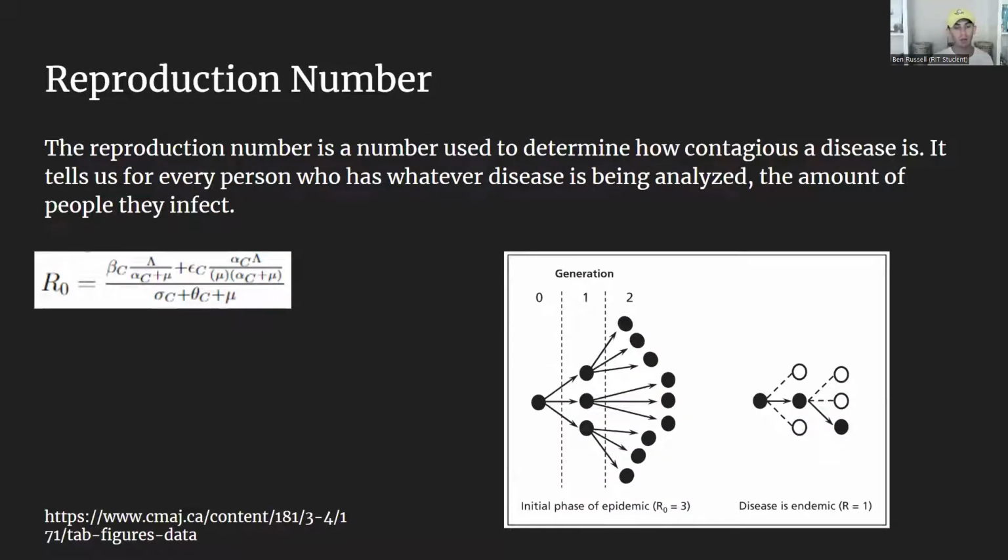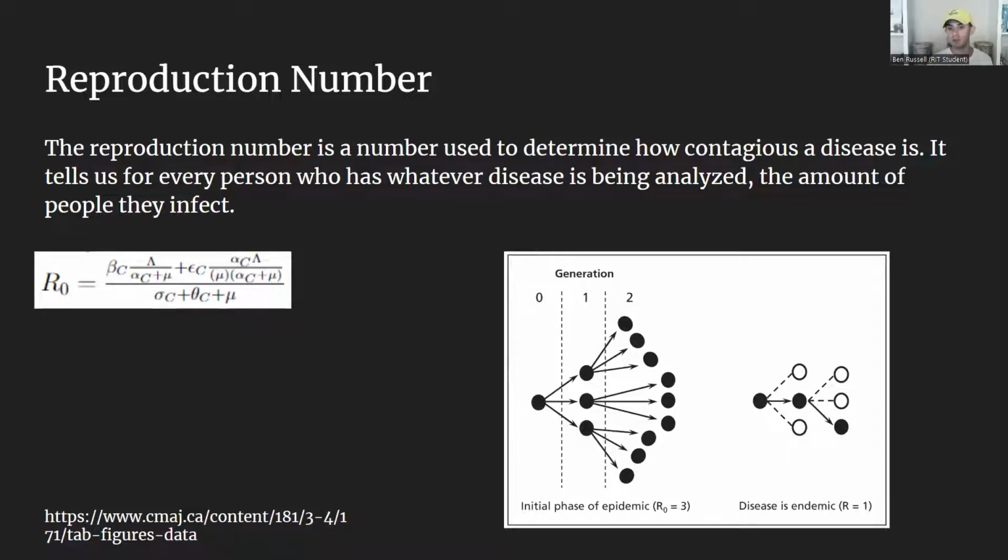So our reproduction number is something that comes out of all this. Our reproduction number is how many people one person infects with the disease. And so the more people, the more of an epidemic. Obviously, if you're greater than 1, you're going to create an epidemic.